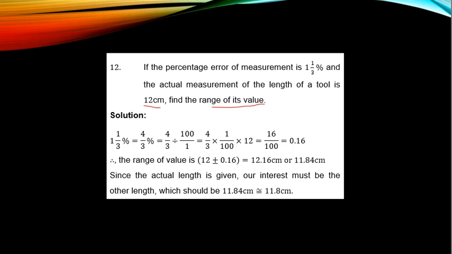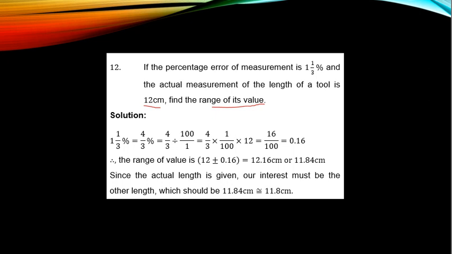The range of its value is simply converting the percentage error from percentage, then multiplying it by the length of the tool, you get the value to be added, because the range now is that estimate plus or minus the length of the tool.